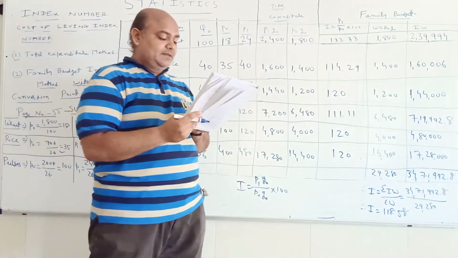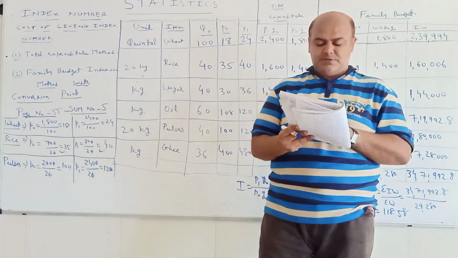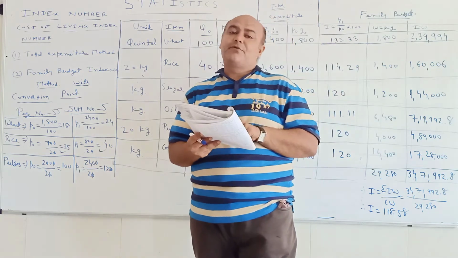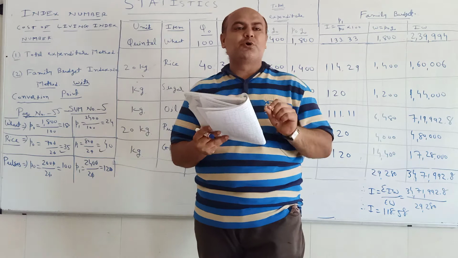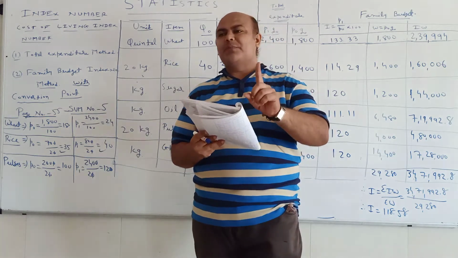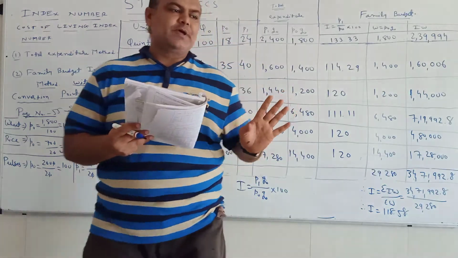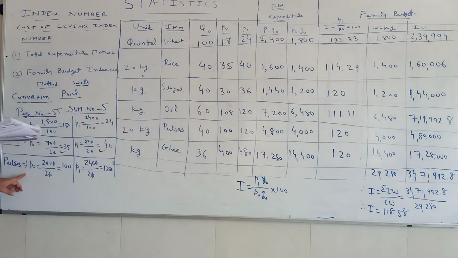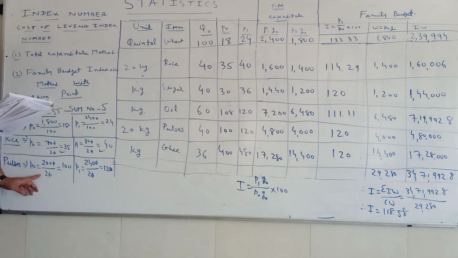Pulses. The unit is provided in kilogram. Quantity or consumption is also provided in kilogram. But friends, one thing is that they provide 20 kg. So both the prices must be divided by 20. So here it is the calculation for pulses. P0 2000 is the given price divided by 20.